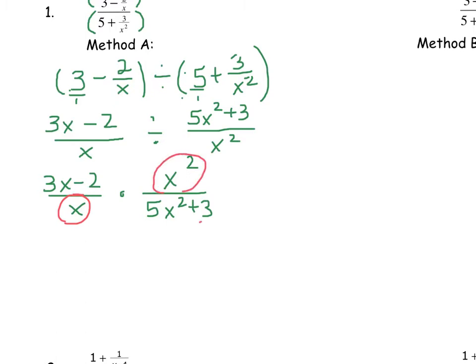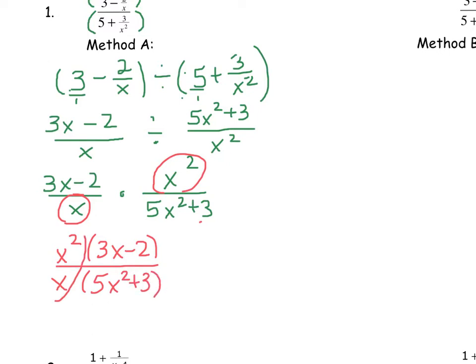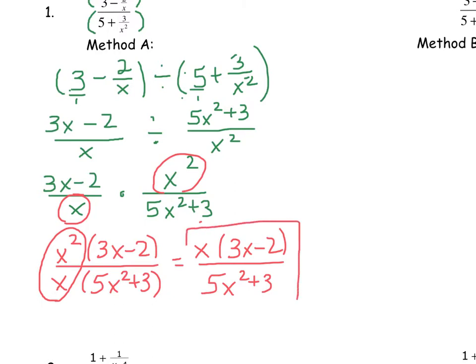So as I come down and I write, I will have x squared times 3x minus 2 over the x times 5x squared plus 3. And the reducing can apply right here. I can reduce the x squared over x and leave my answer as x times 3x minus 2 over 5x squared plus 3. And there we have an answer to the first problem.